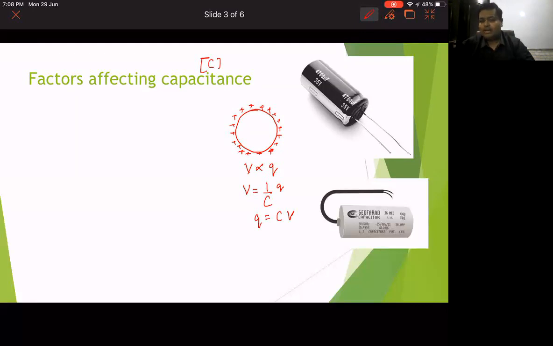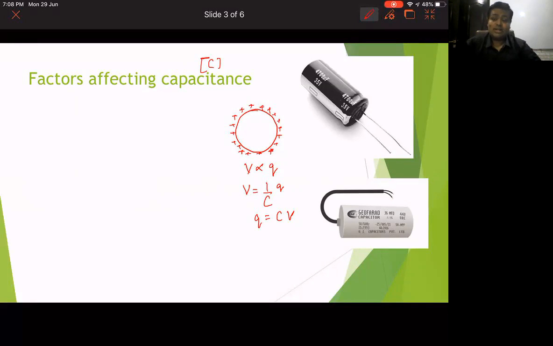This constant introduces a capacitance, which is of course a property of a conductor and also has a distinct behavior. The behavior has to be analyzed: is it really a constant, or can you modify it and change its values as per your convenience? We say yes, we can.